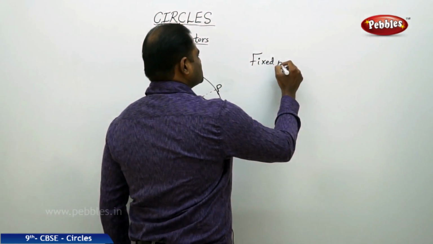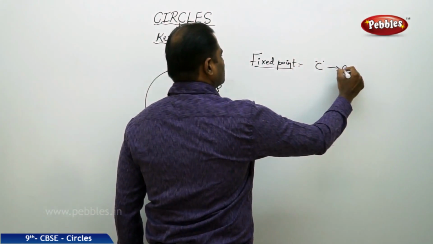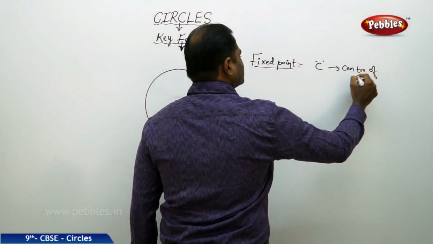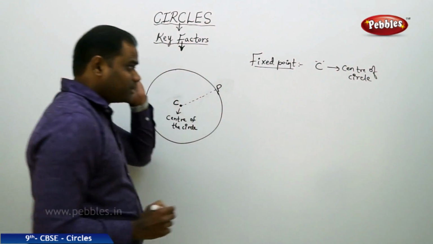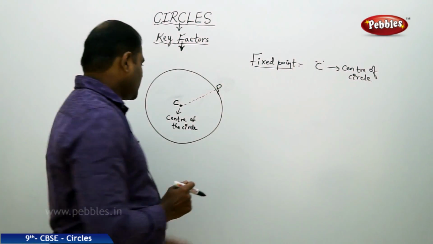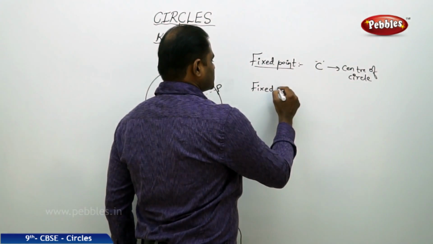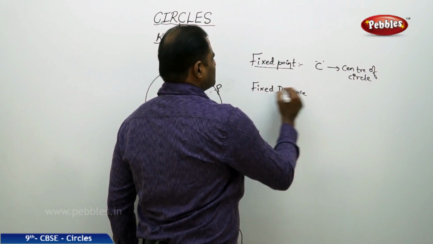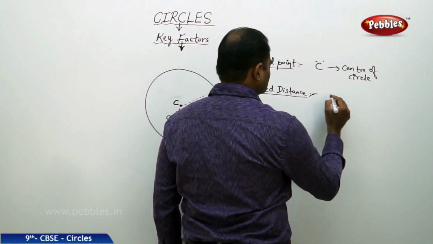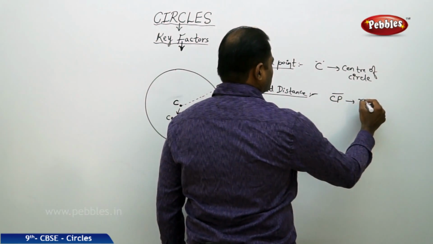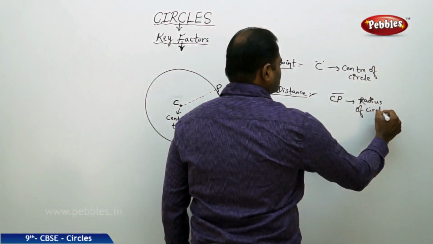Initially, the fixed point denoted by C is called center of circle. The fixed point C is called center of circle, and the distance from center to any point, that is the fixed distance, CP, is called radius of circle.